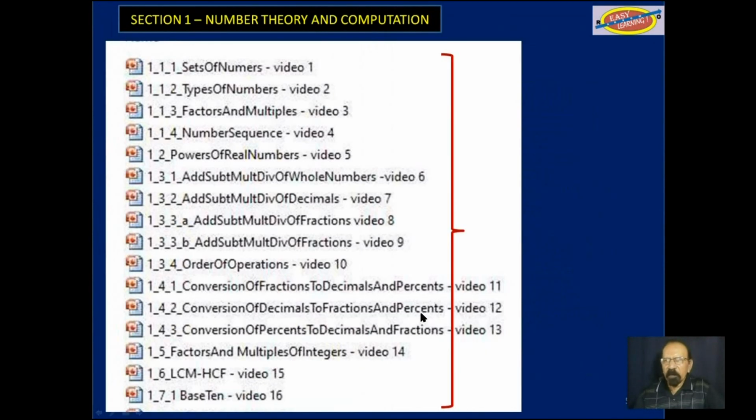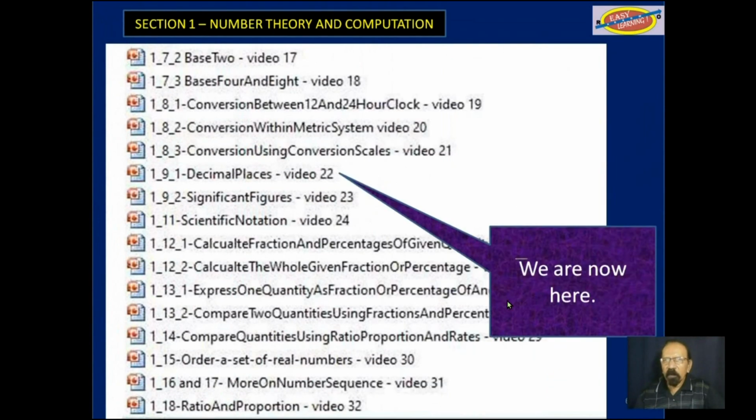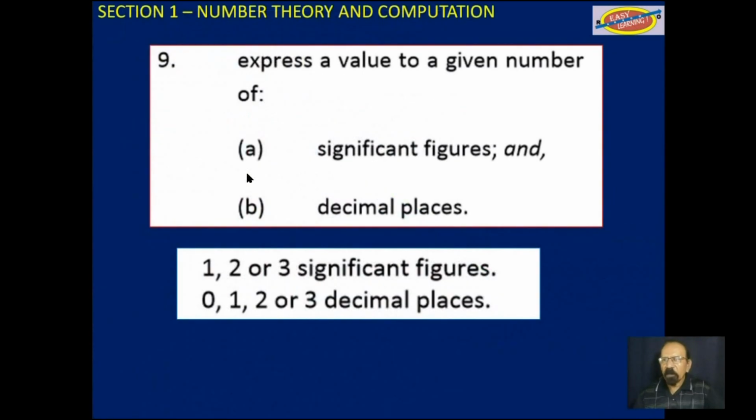As of now, we have completed these 16 videos listed here, and we are now here, video 22, where we will be dealing with decimal places. What you see here is a print screen from the syllabus, and you will notice it says express a value to a given number of significant figures, and then also decimal places.